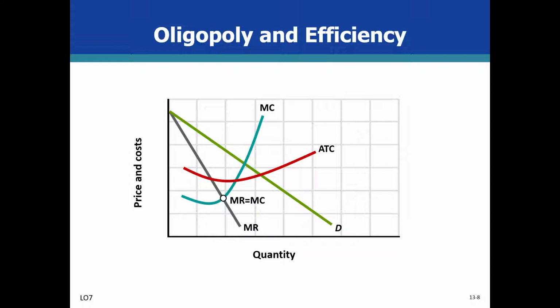This is our classic chart that we take a look at. It has the factors of average total cost that you can see with the red line, the downward sloping demand curve in green, and the fact that in oligopolies, the marginal cost and the marginal revenue are below average total cost.